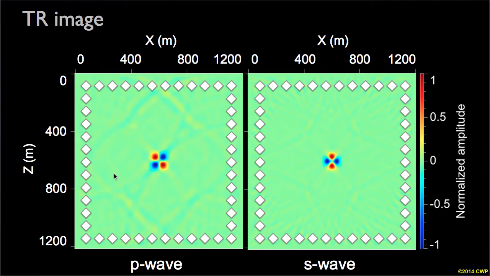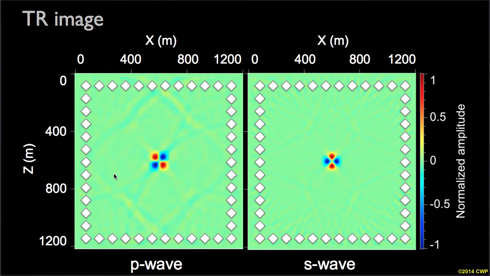And we can see that these images match our expectation by having the four-lobe radiation patterns for the P and S waves.